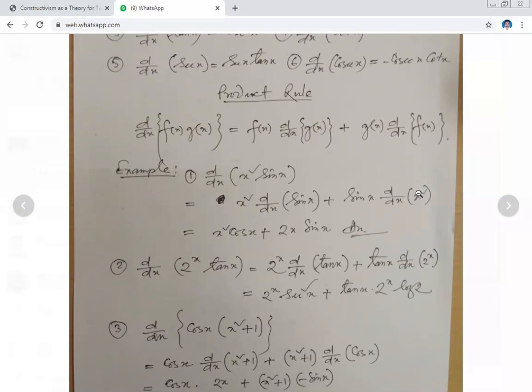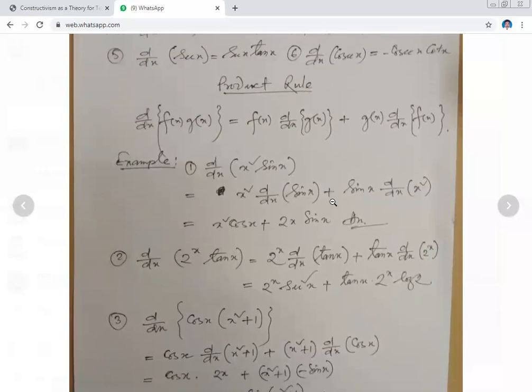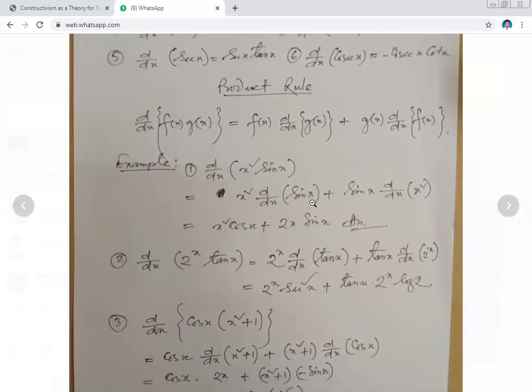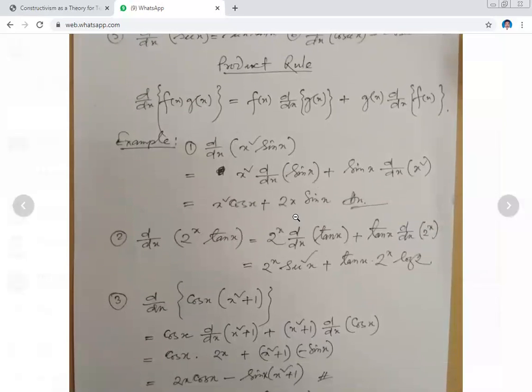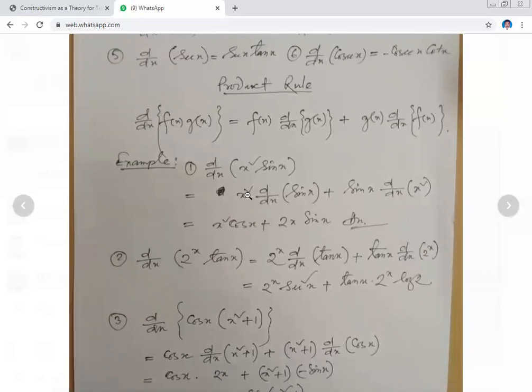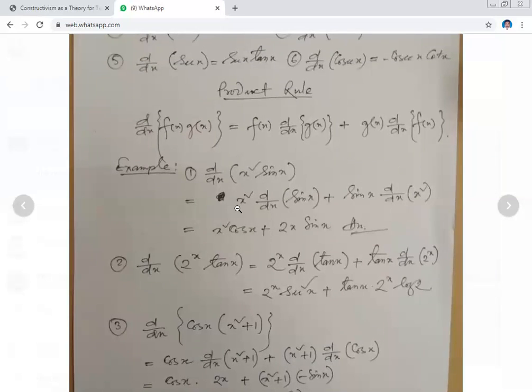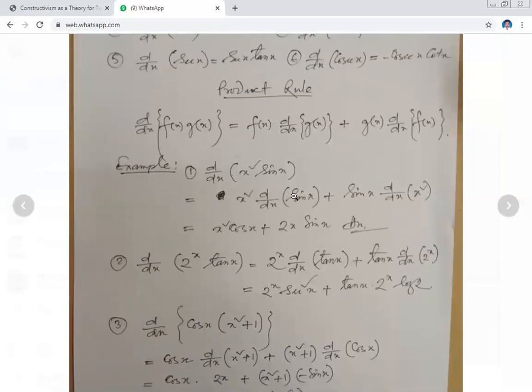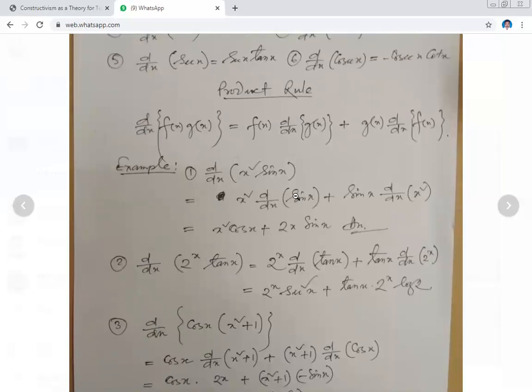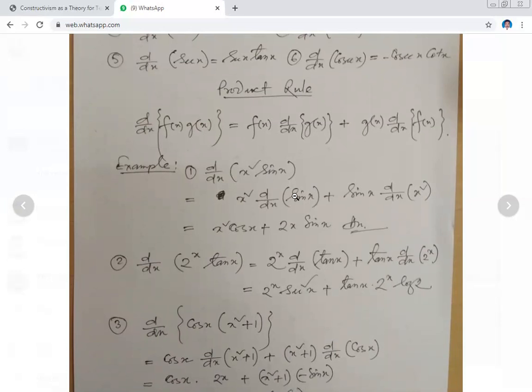Now simply we have to write the result. In the next step, x square as it is, ddx of sin x, that is the derivative of sin x, you know, as per this formula, is cos x.